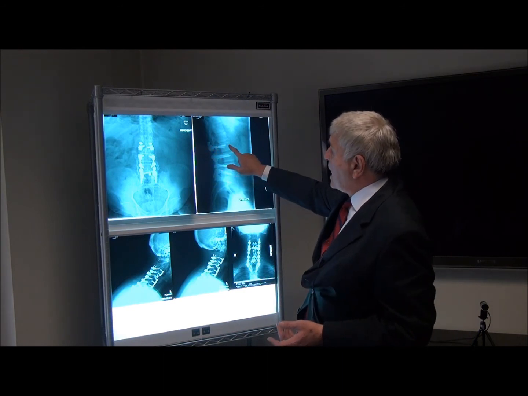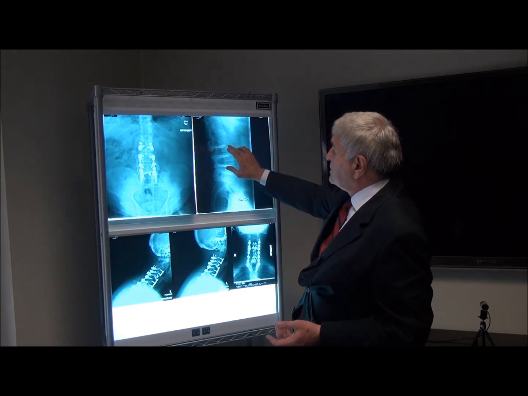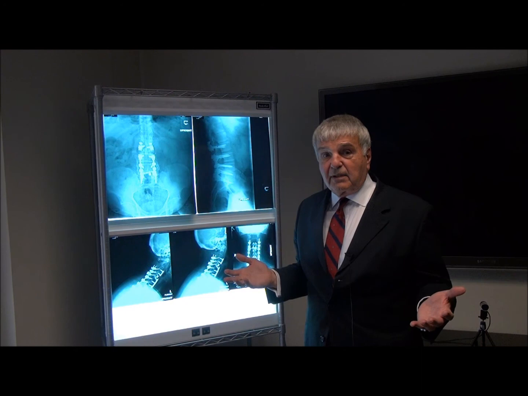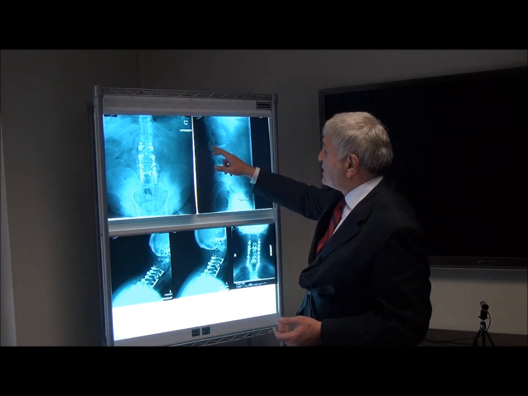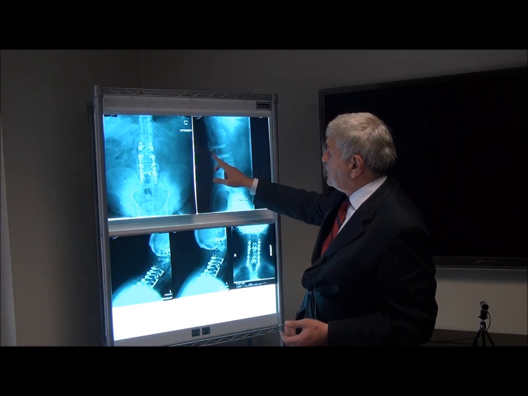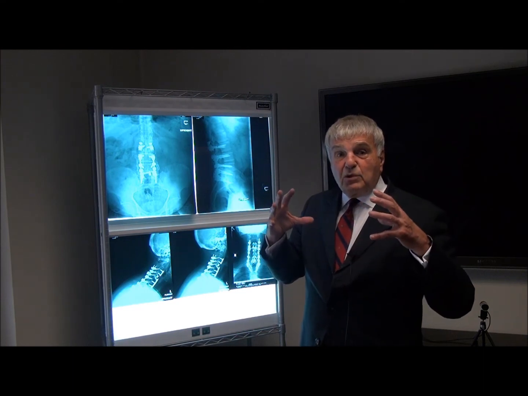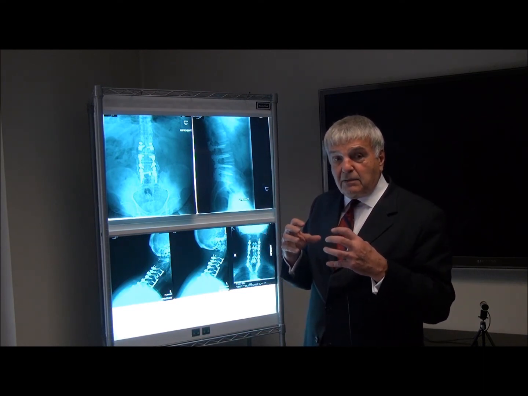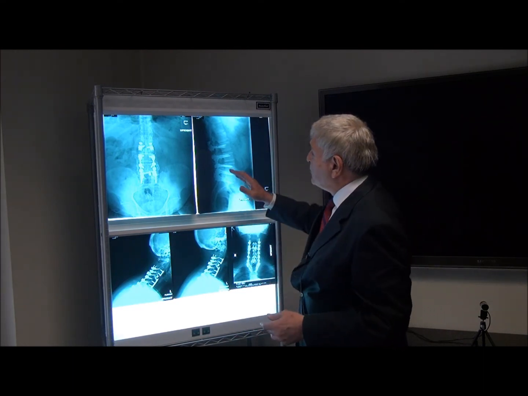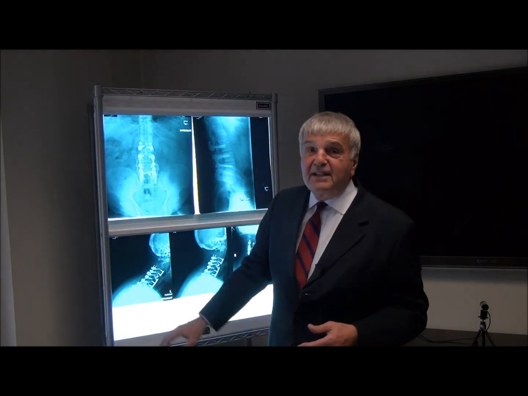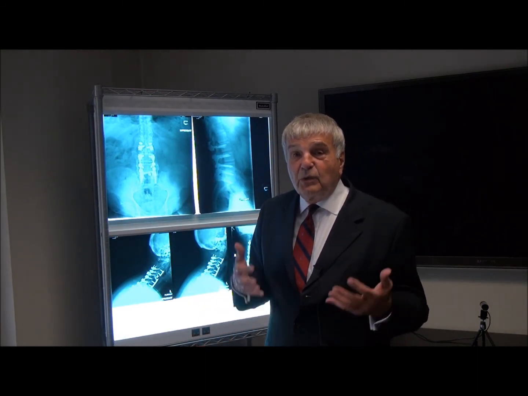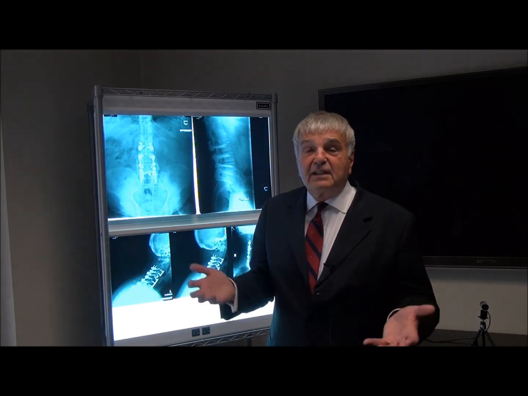So you've got all this hardware here screwed into this vertebra, but it's not doing anything because it's not connected to the other hardware that would solidify the spine. Okay, so that's why we need to look at the film, because only then can I tell if he really did what he said he did.